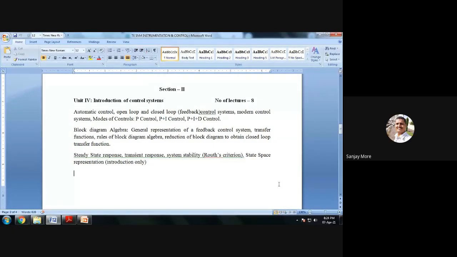In that, general representation of a feedback control system, transfer function, rules of block diagram algebra, reduction of block diagram to obtain closed loop transfer function, and the third part of this chapter, steady state response, transient response, system stability, means Routh criteria, then state space representation, only introduction, not problems.